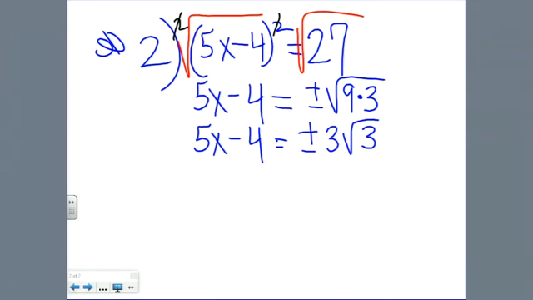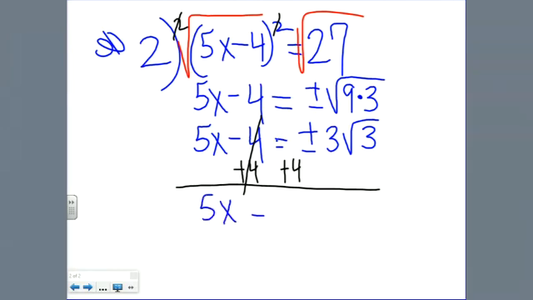Now we have a few more steps in order to solve for x. The next step is add 4 to both sides. So we have 5x equal to 4 plus or minus 3 on the square root of 3.